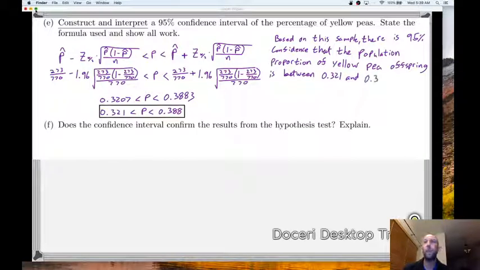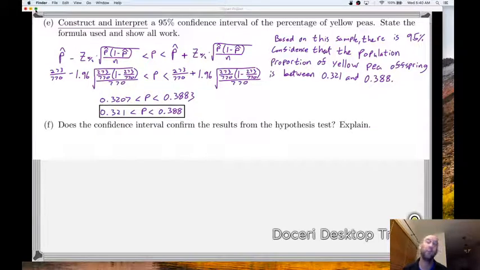Now, with this whole idea of saying 95% confident, there is a chance that we just got a sample that happened to be an anomaly. Maybe Mendel is correct, and we just ended up with an anomaly sample here. The whole point of saying 95% confident is that 95% of the time we're going to get a sample that behaves the way that the null behaves.